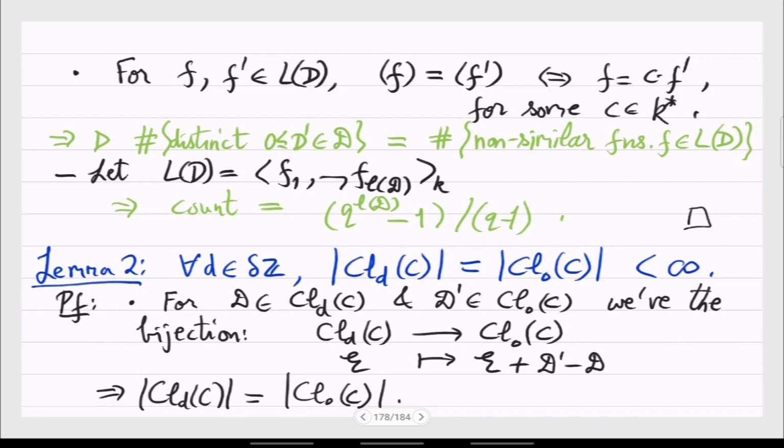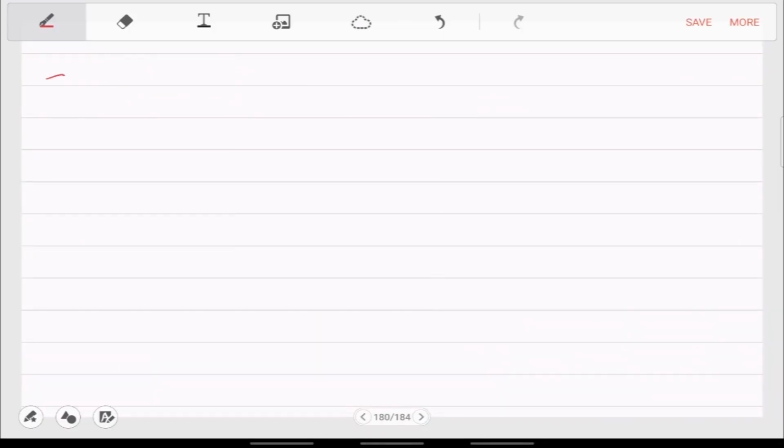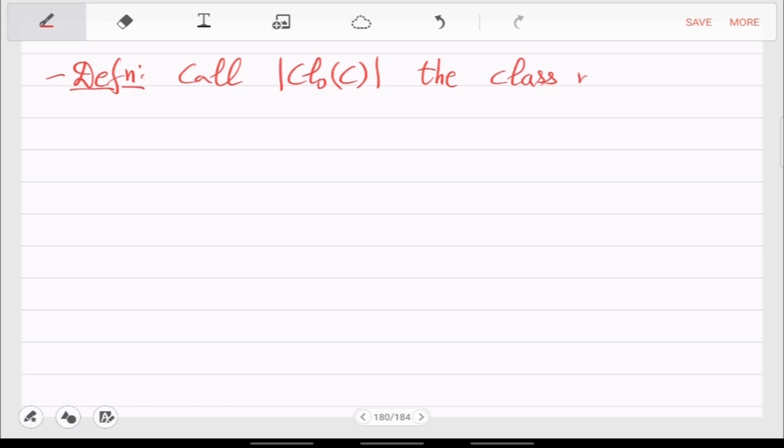So let's do that. Okay, so we'll call this number, since it's finite and equal for all CLDs, a special name. This is called the class number of C over the field of choice, small k.